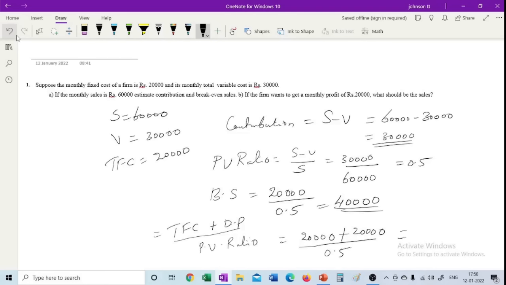So you will get 80,000. That means when the firm sells for rupees 80,000, they will get a profit of 20,000. So in this way we can find the sales to earn a desired profit. So these are the various numerical problems that can be asked from module 1 and module 2.